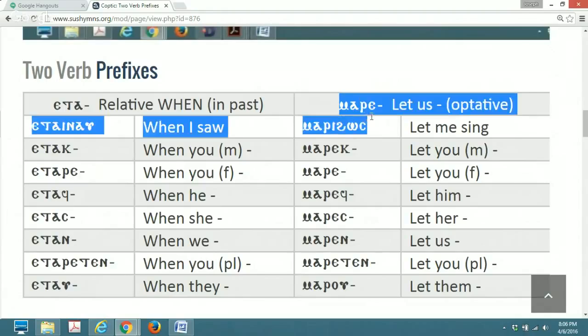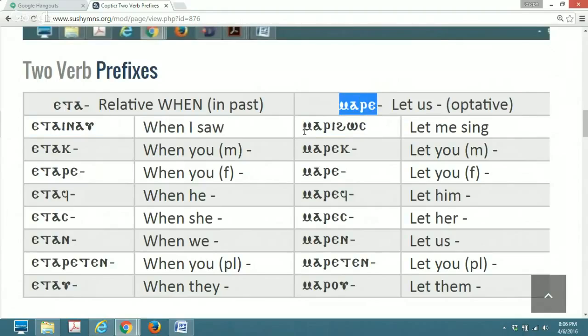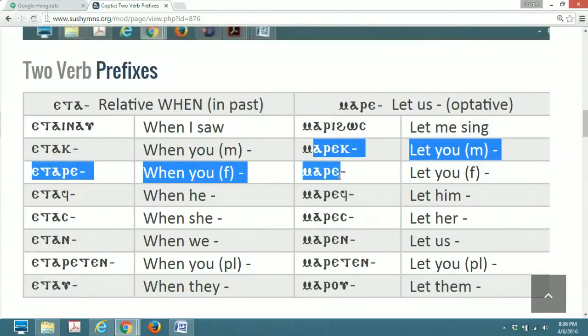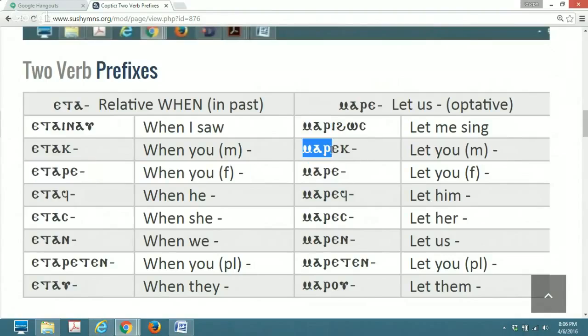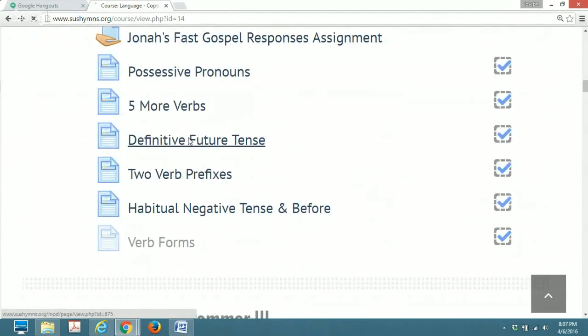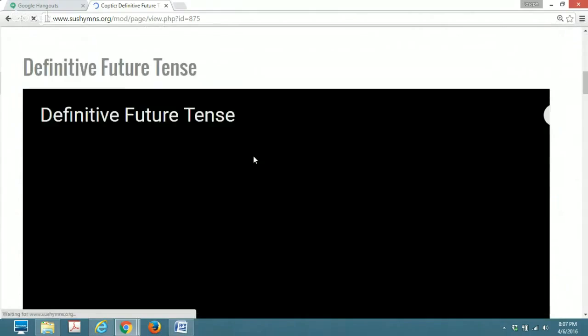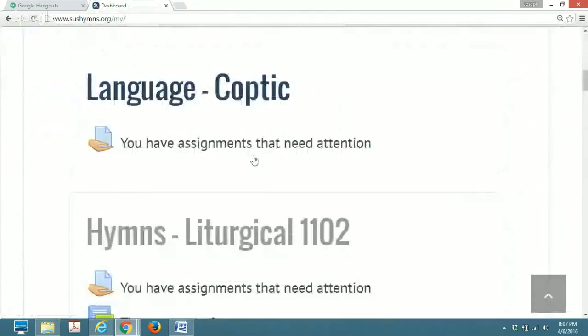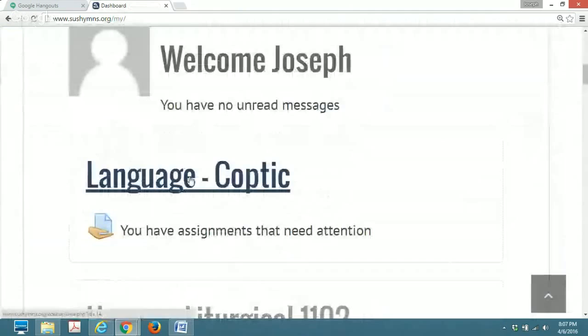Then we studied the optative, mare, and we talked about mari, and again how marek and mare don't really exist for the second person singular, but they're put here basically for completeness sake. If you're going to have anything that has the second person singular and the optative, it's actually going to be what we studied the week before, the definitive, what they call the definitive future tense, or some people call it the third future.